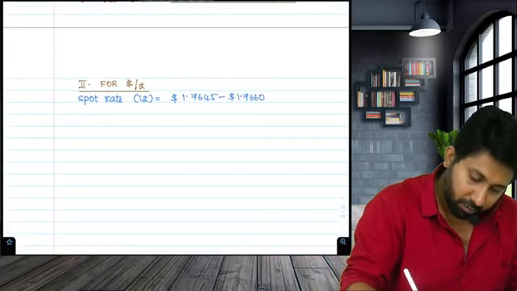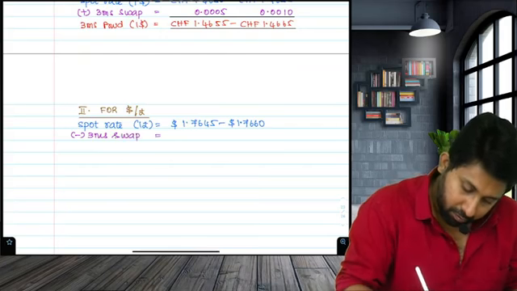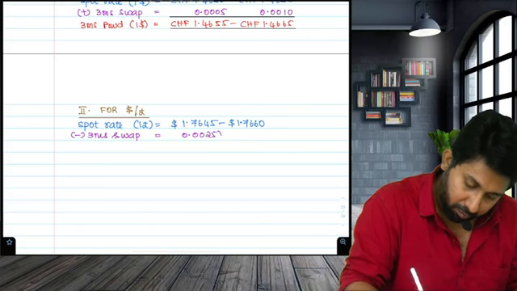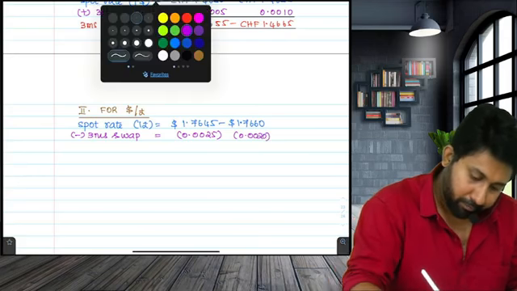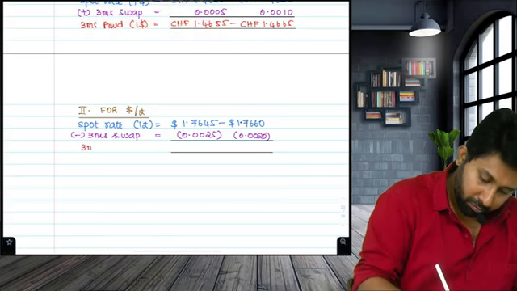Swap adjustment: $1.7620, $1.7640. So hope everyone understood the forward now.